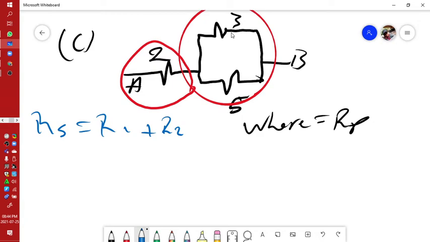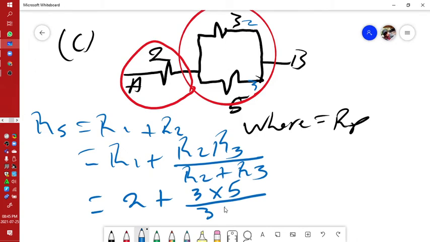So plus R2 R3 divided by R2 plus R3. Then you substitute values. This is 2 plus 3 times 5. This is 3 multiplied by 5. This is 3 plus 5. So 15 over 11 plus 2, how much?